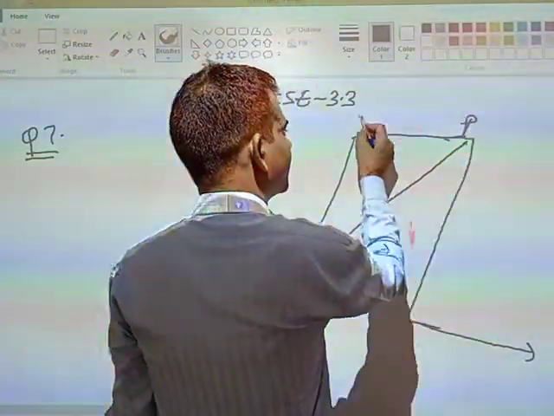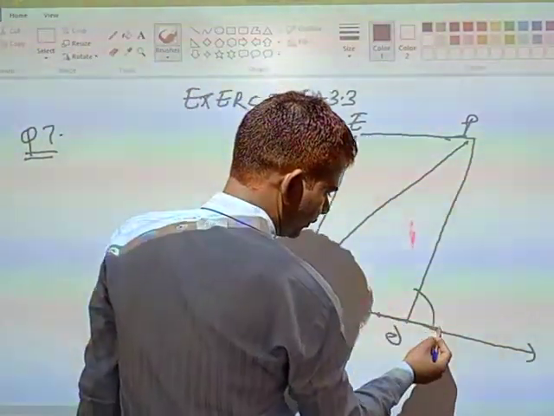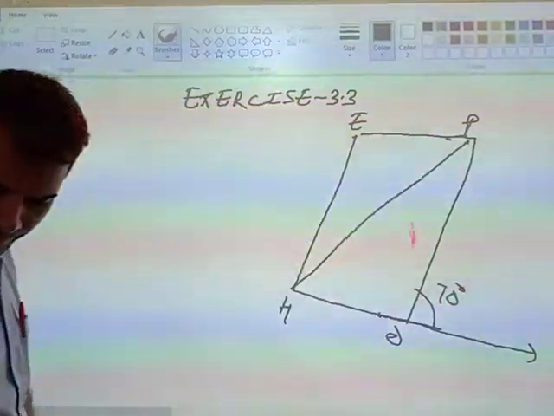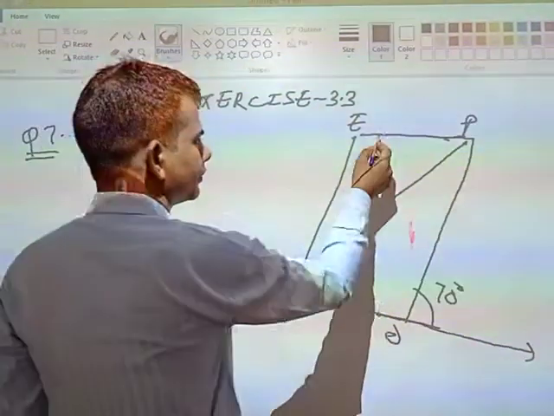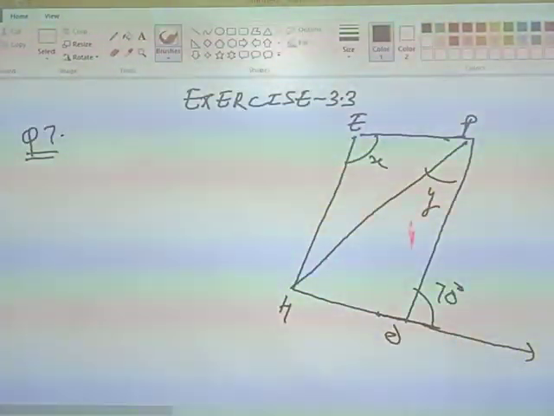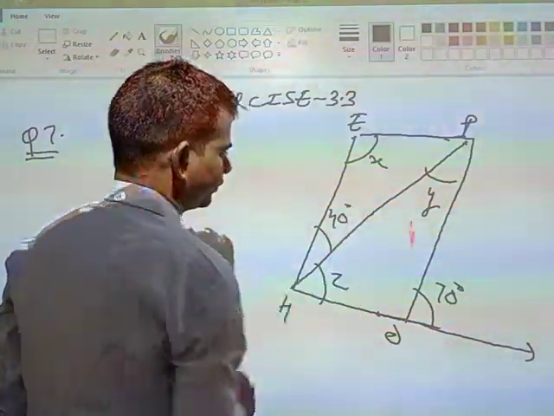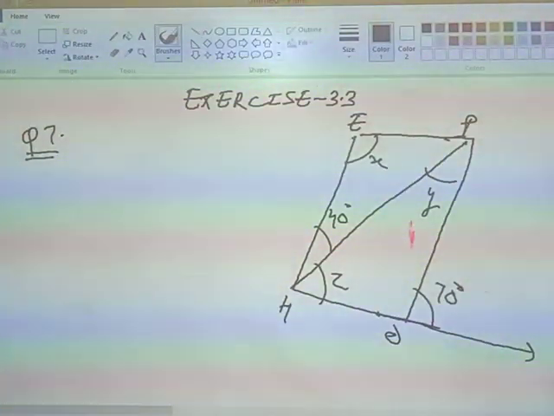This is your 70-degree angle. This is your X. This is Y. And this is Z, and this is your 40-degree angle. Now students, we have to find out the value of X, Y and Z.